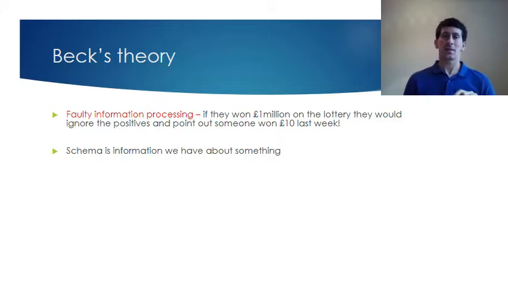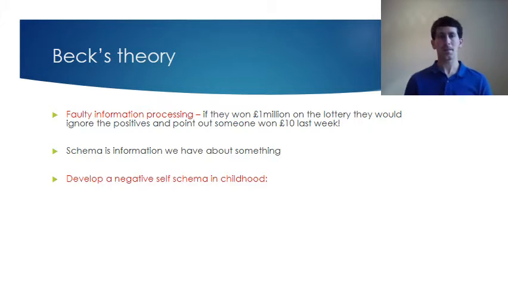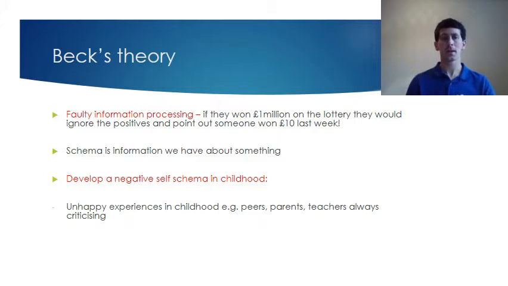The second thing that Beck mentions is this idea of a self-schema that we develop. A schema is the information we have about something. Beck says in childhood we can develop a negative self-schema. So unhappy childhood experiences, it might be your friends, your parents, your teachers at school are always criticising you, always putting your work down and giving you negative comments.